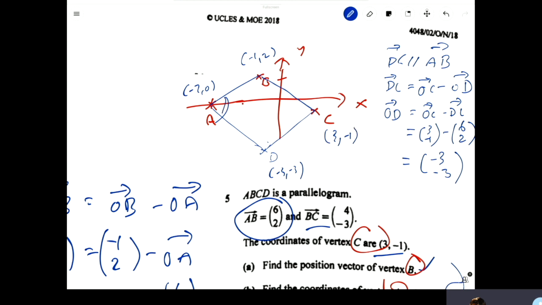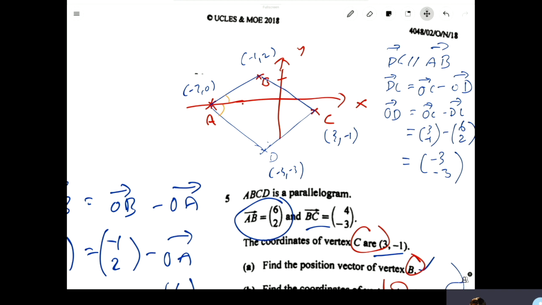So I want to find this angle, BAD. It actually consists of 2 parts, right? The top and the bottom. So I can split this into 2 triangles and try to find them.